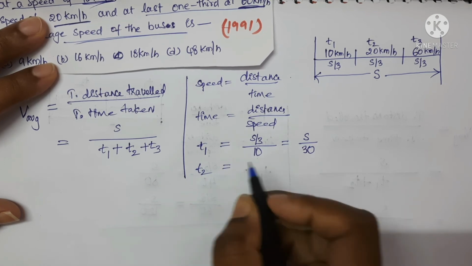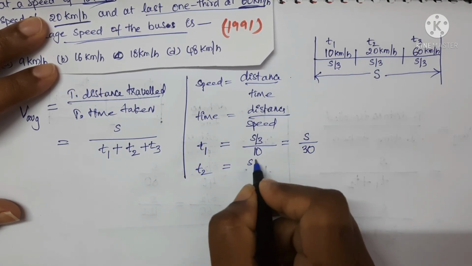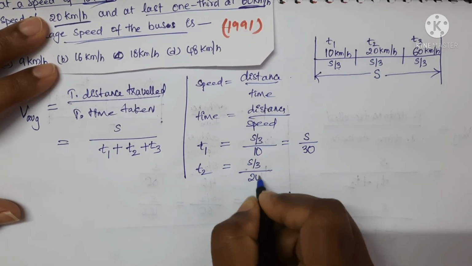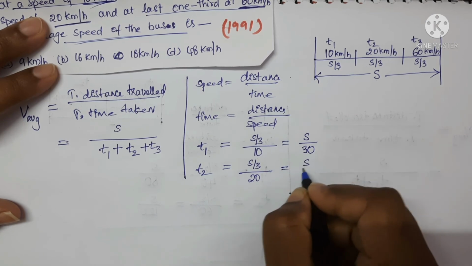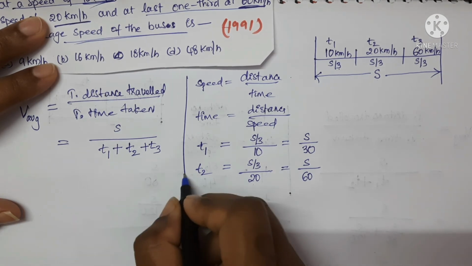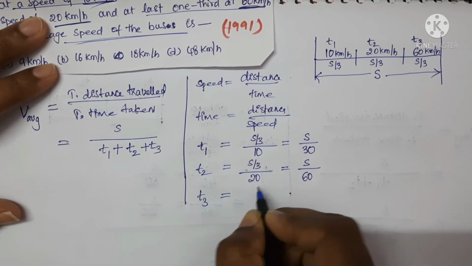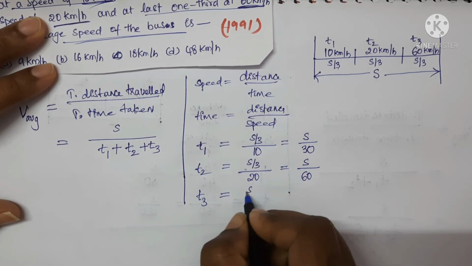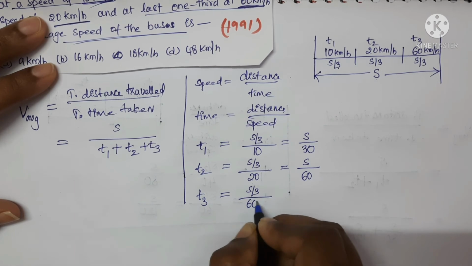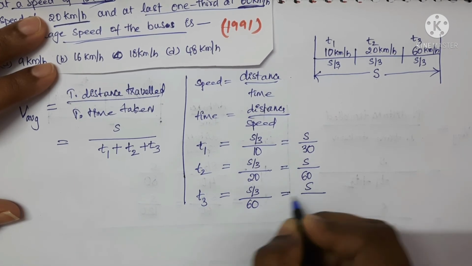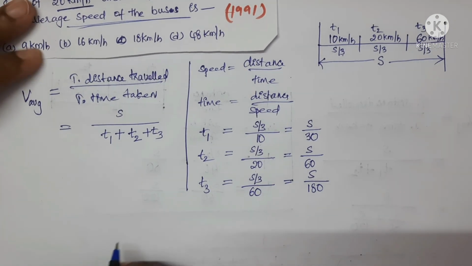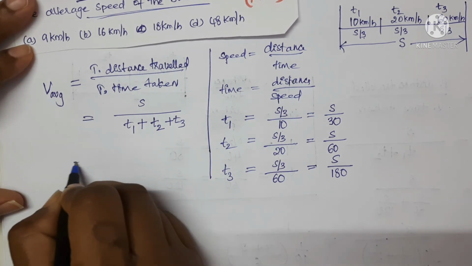For second 1/3 the distance is S by 3 upon the speed is 20. Now S by 3 20s are 60. For last 1/3, T3 is equal to, distance is S by 3 and the speed is 60, which is equal to S by 3 60s are 180.